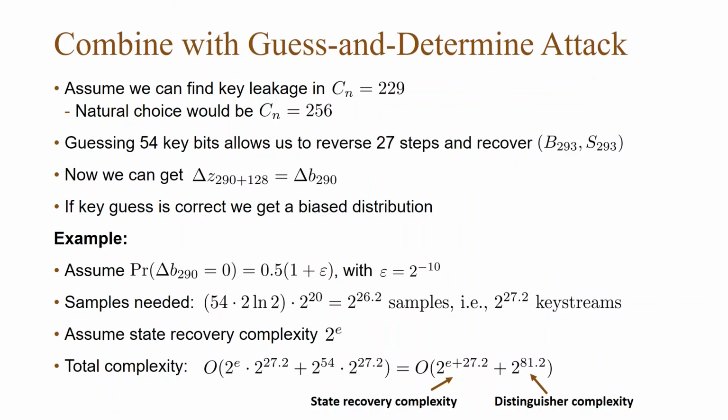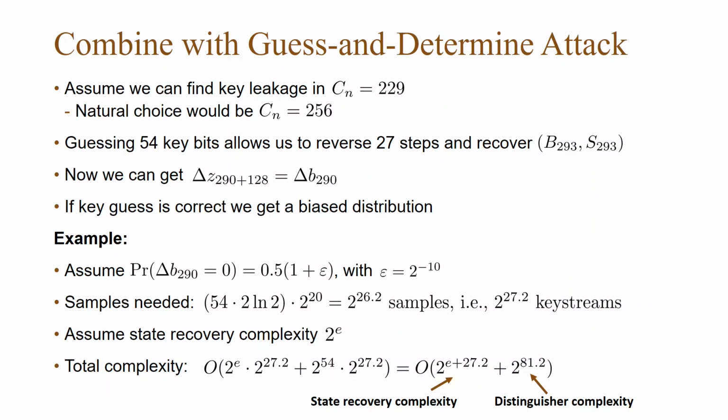And since we need to find differentials, we need twice as many key streams. So we need 2 to the 27.2 key streams. Now also assume that we have a state recovery complexity of 2 to the e. This will give us a total complexity of 2 to the e times 2 to the 27.2 plus 2 to the 54 times 2 to the 27.2, where the first part here is the complexity for the state recovery attack and the second part is the complexity for the distinguisher.